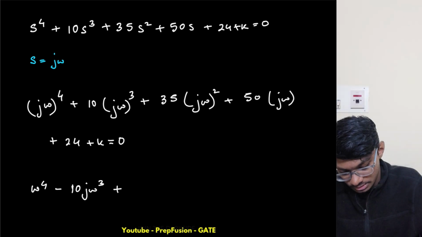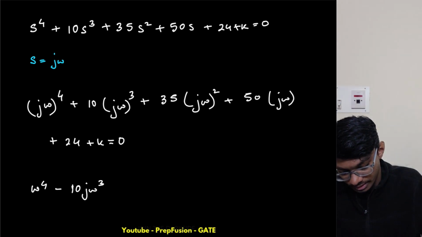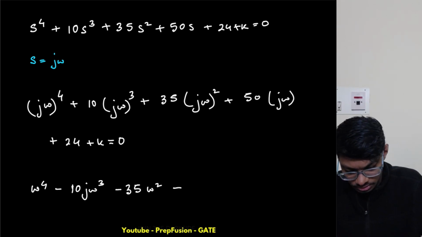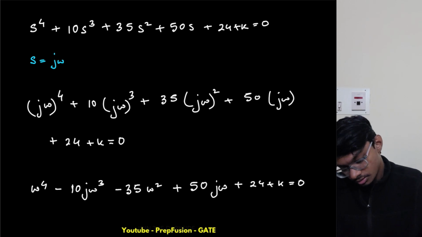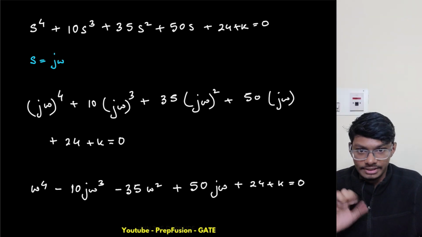And plus j square is minus 1. So I will write minus 35 omega square. And this I can write as plus 50 j omega plus 24 plus k, right? Plus 24 plus k.